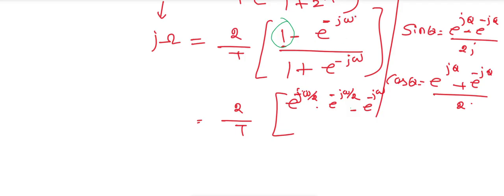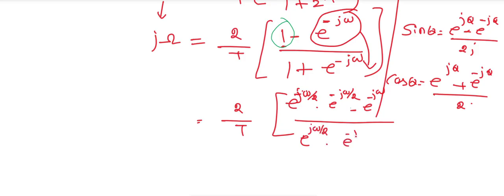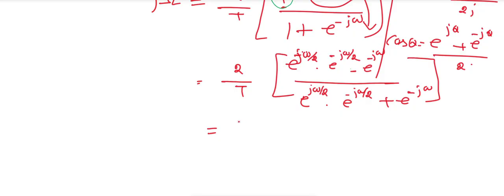Similarly, in the denominator, 1 can be written as e power j omega by 2 into e power minus j omega by 2, so it will be 1 plus e power minus j omega. So you can write 2 by T, j omega.